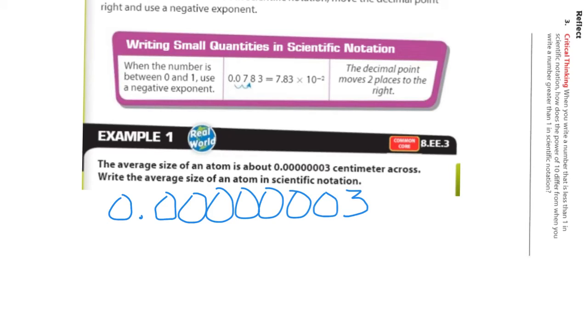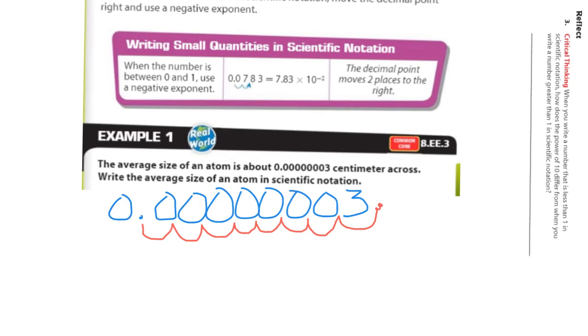Okay, so locate your decimal point. Well, there it is. And then you're going to move that decimal point over until you have to the left of it a number that's 1 or greater, but less than 10. So I'm moving it over, and if I stop here, I have a 0 to the left. That doesn't help. Keep on going. Still a 0 to the left, and there it is.